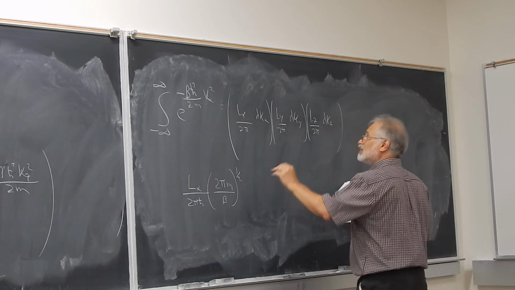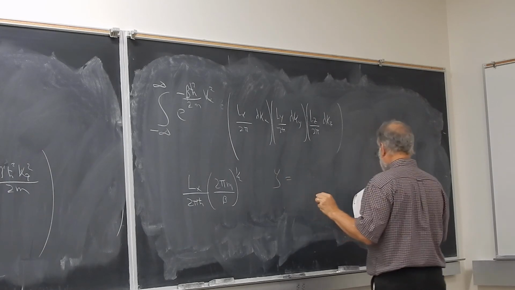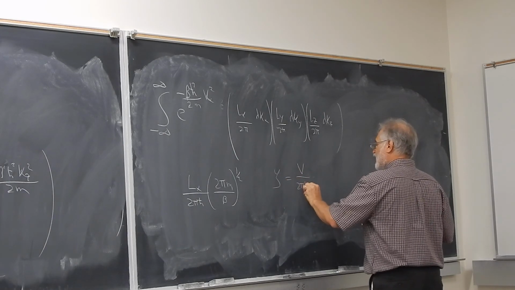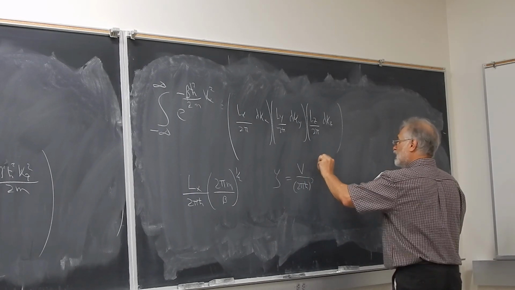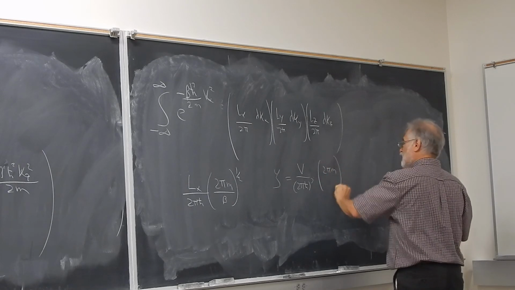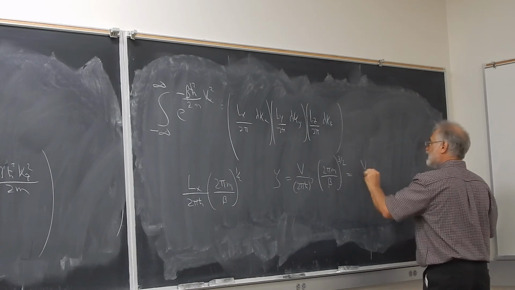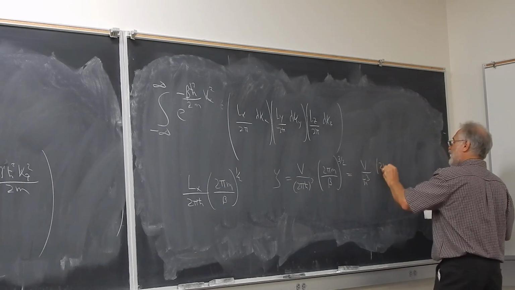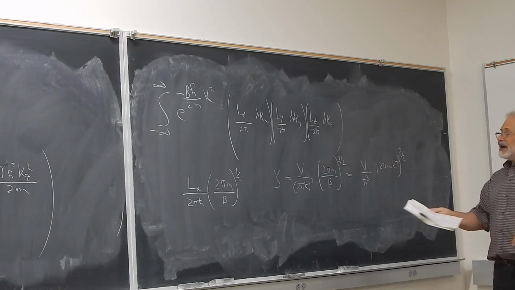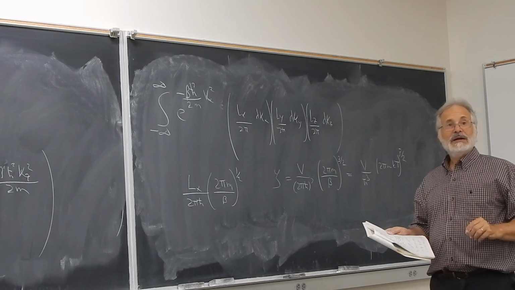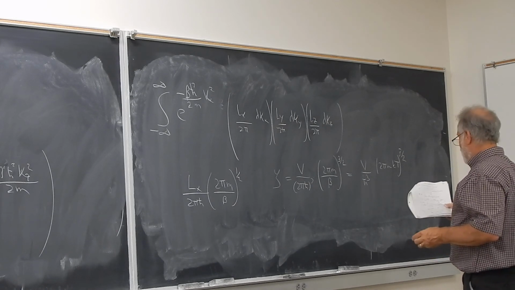In 3 dimensions, when we do it for each of the integrals, I'll get a total single particle partition function of V/(2πħ)³ times (2πm/β)^(3/2), which I can write as V/ħ³ times (2π m kT)^(3/2). And this is what we found back in our earlier classical work.